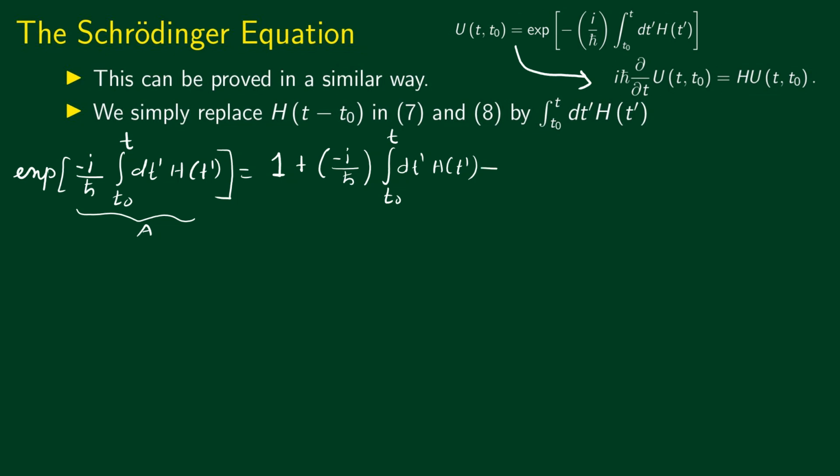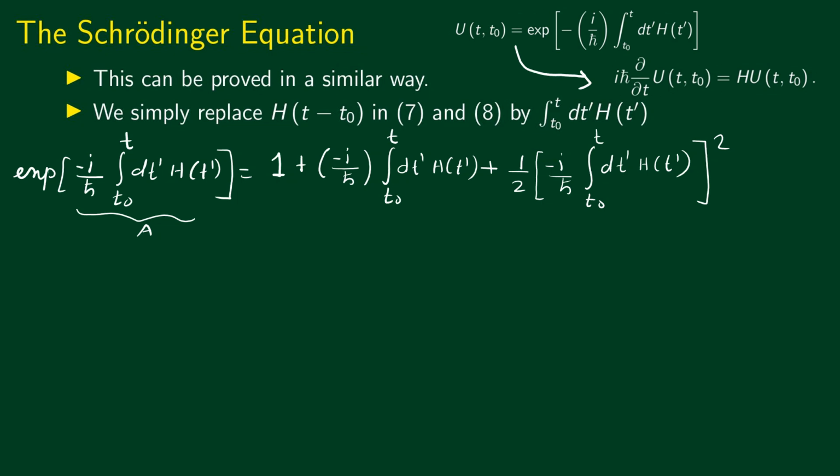The next term would be one half A squared, and for the moment we'll write the square as minus i by ħ, integral t0 to t dt' H(t'), and this term squared. All right. Now let's take the time derivative of this.